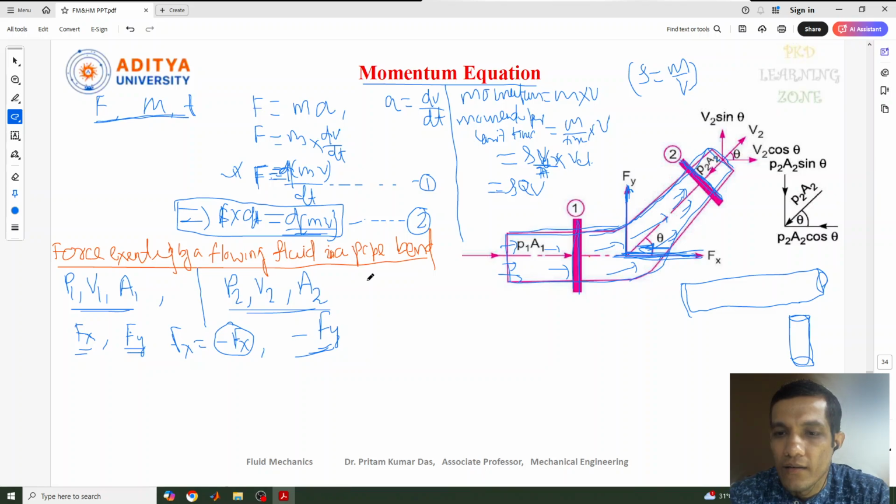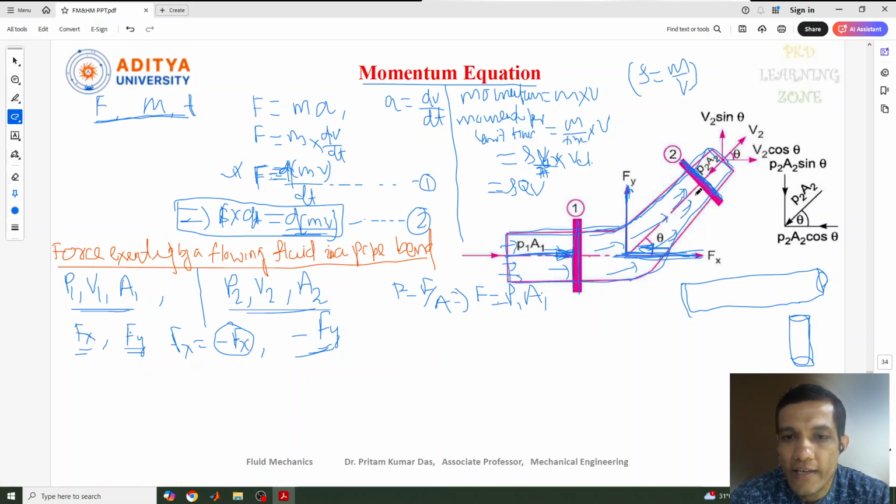And the other external forces acting on this fluid are the pressure forces, at section 1 and at section 2. We know that pressure P equals force by area, so similarly the force acting at this point is F equal to P1 A1, which is acting in the direction of x.